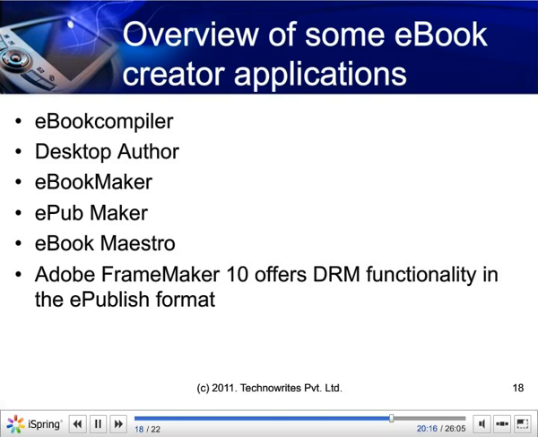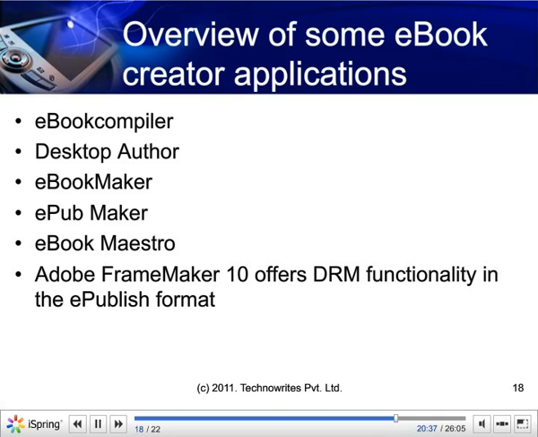Now here is a quick overview of some of the ebook creator applications. There are a number of applications available, starting from something which is absolutely free to something that can cost you up to $100 per license.